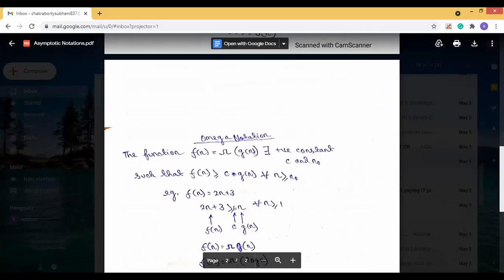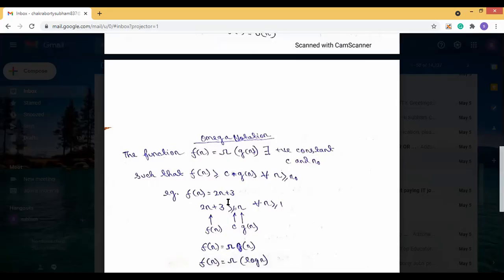Let us see an example. We consider f(n) equals 2n plus 3. Now, what will be g(n)? The simple way of choosing g(n) is to omit the coefficient values and the constant values, and only consider n.